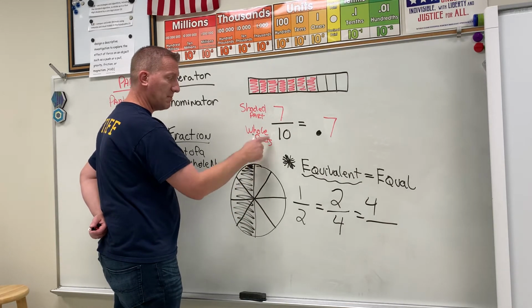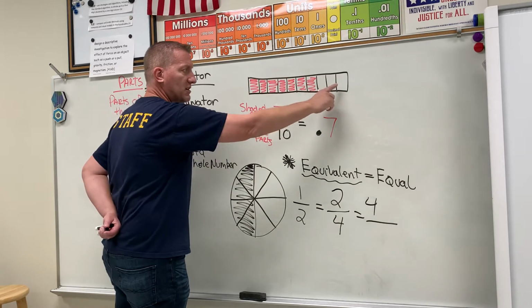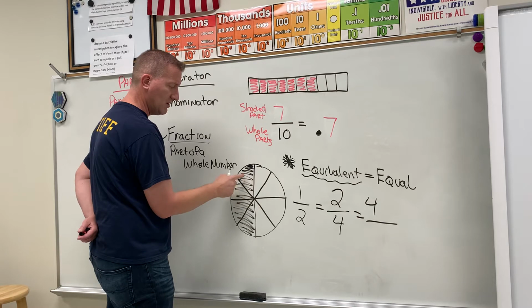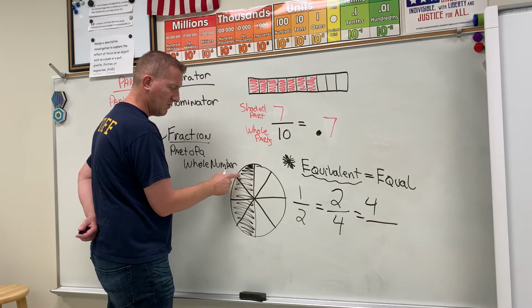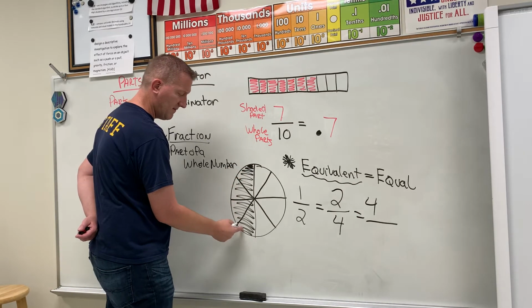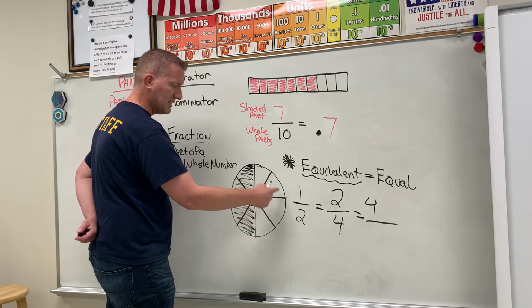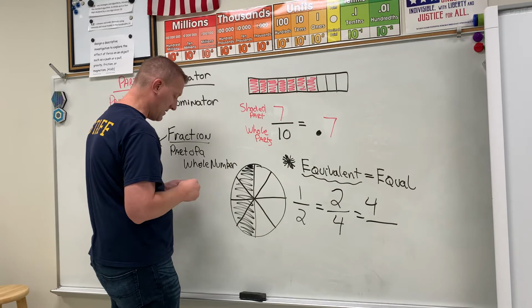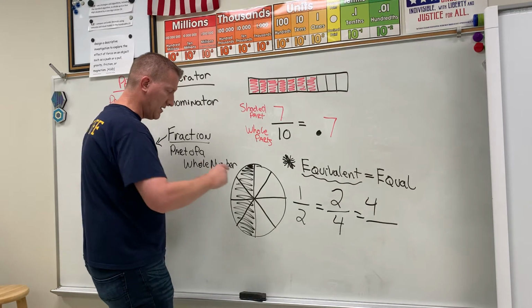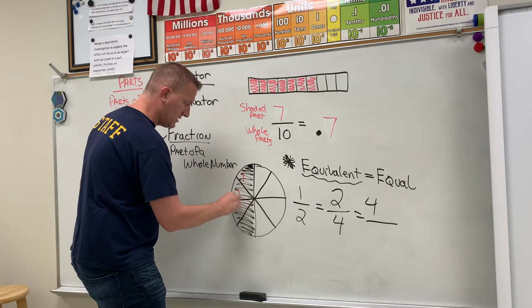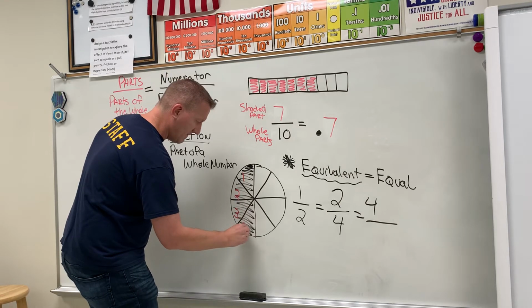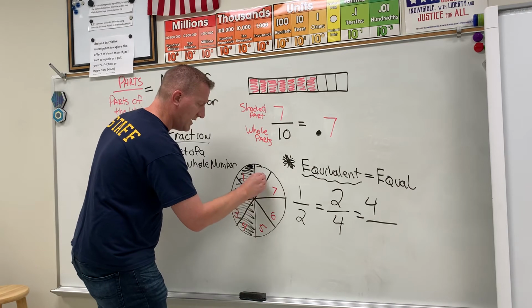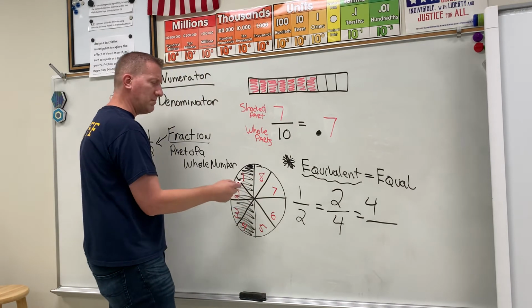Remember, that's the parts in the whole. Let's start at the top and count: 1, 2, 3, 4, 5, 6, 7, 8. Now there's 8 parts.